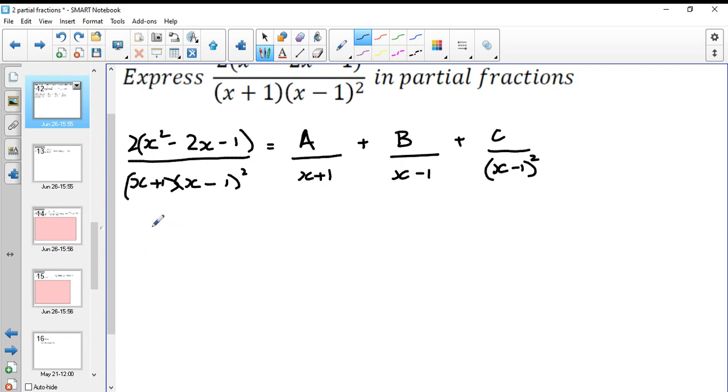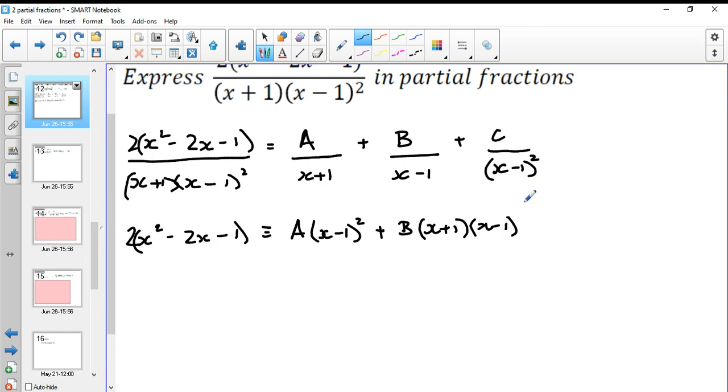Okay, after that, it's the same. So we're going to equate our numerators. To get from here to here, we need to multiply by x minus 1 squared. To get from here to here, we need to multiply by x plus 1, x minus 1.